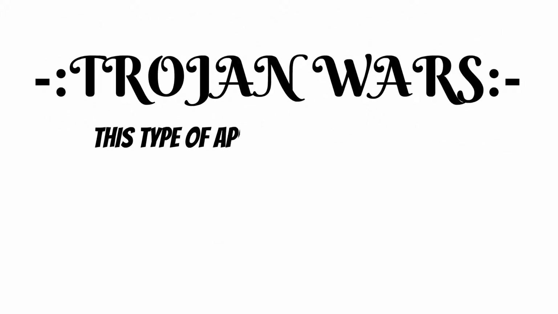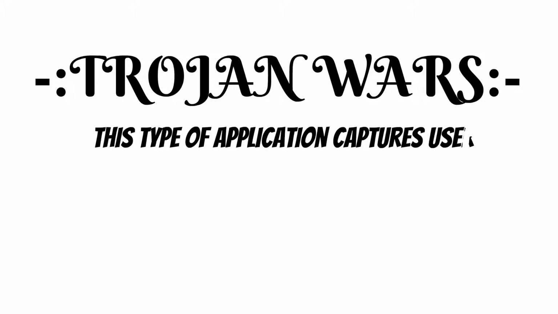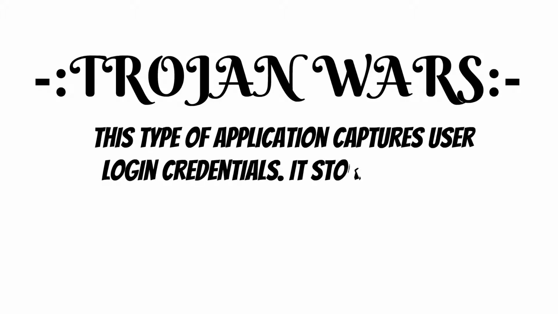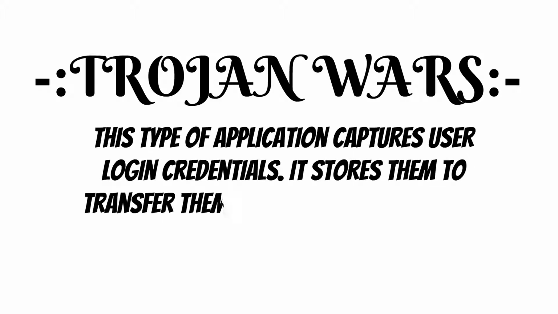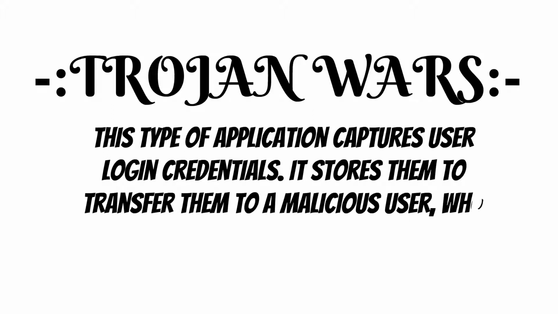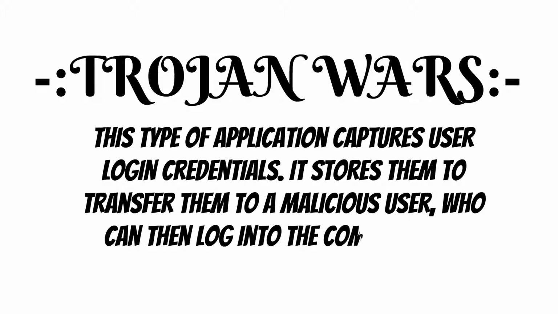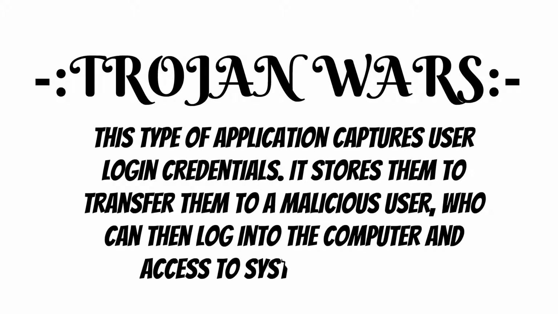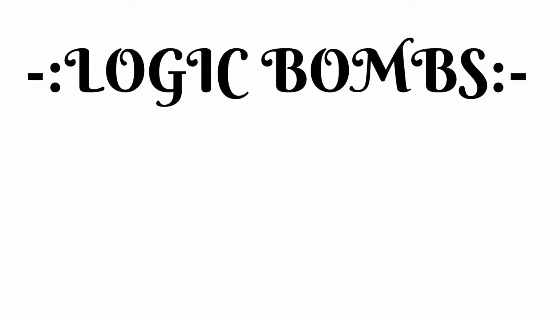Number 2. Trojan Horse. This type of application captures user login credentials. It stores them to transfer them to a malicious user who can then log into the computer and access system resources. Number 3. Logic bomb.